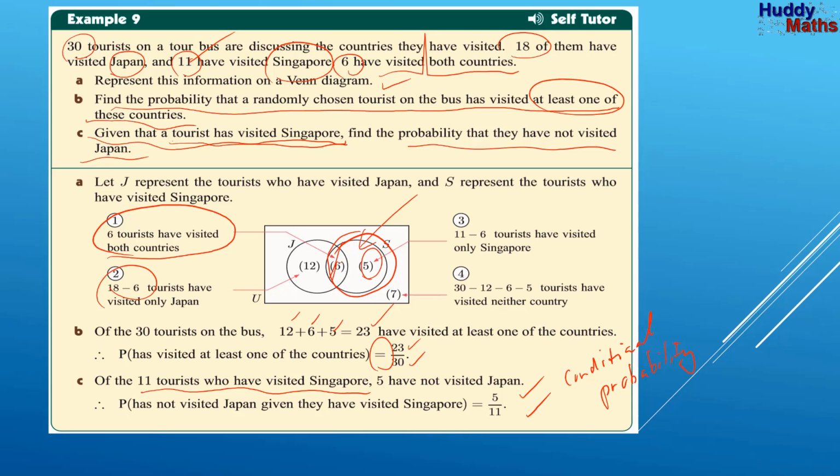Let's put that in. You're not too young to do that. We reduce the sample space. We don't look at the whole lot. We reduce the sample space. It's out of 11 now, not out of 30, because we know they are a particular group that have done something. We're told an additional condition about that probability calculation.